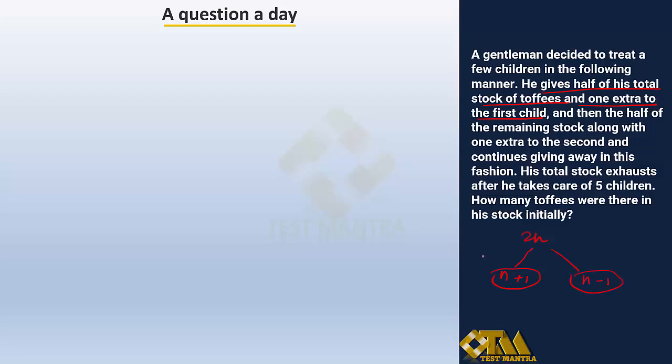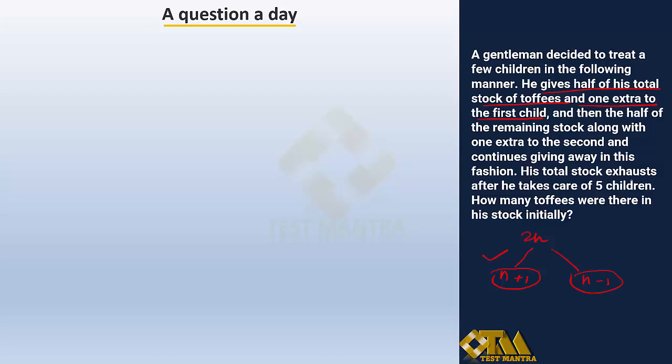Now this is an important part which you have to identify here. And then half of the remaining stock along with one extra to the second, and continue giving away in this fashion. So after that he is left with n minus 1 and he will give half of that to another kid and plus 1, and this process continues.